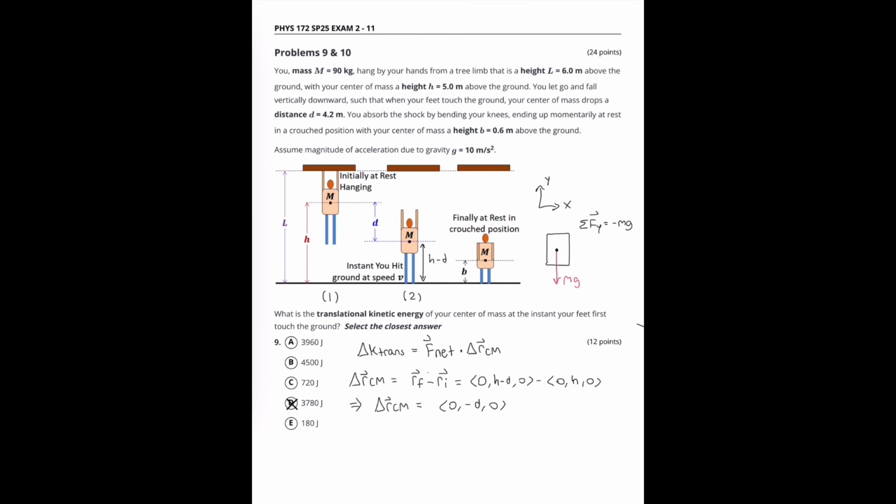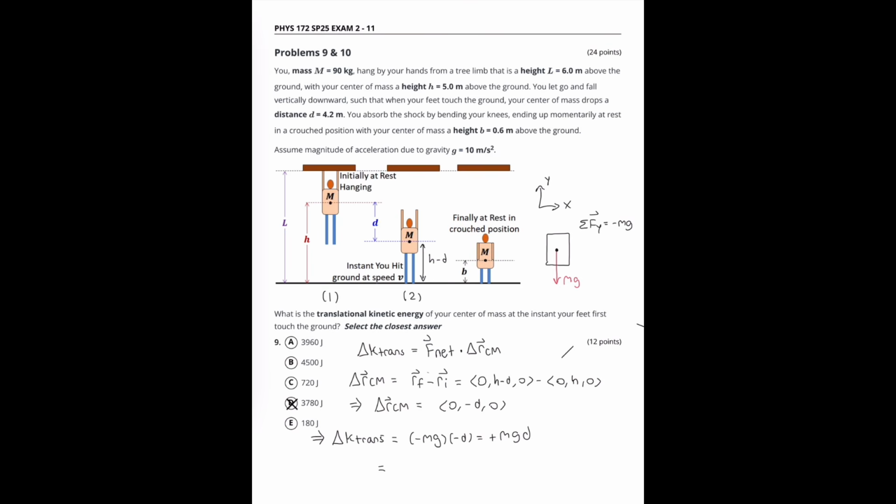So now that we have that, we can say our translational kinetic energy just before it hits the ground at speed v is equal to our F net of minus mg, and this is all in the y direction, times our change of r about the center of mass, minus d. So we get positive mgd.